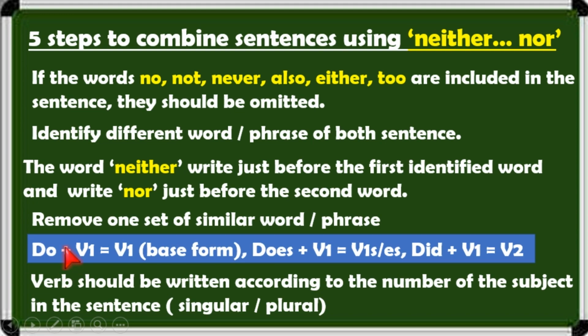Look at this structure of the verb. The auxiliary verb do plus V1 is equal to the base form of the verb, but the auxiliary verb does plus V1 becomes the s form of the verb, and the auxiliary verb did plus base form of the verb is equal to the V2 form of the verb.